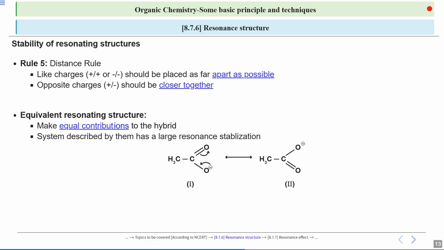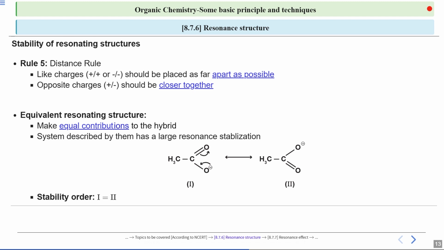You can see here that if one oxygen is doubly bonded, the other one is negatively charged, and that can be seen opposite in the second resonating structure. Therefore, the stability of 1 and 2 is the same and they are highly stable. That also results in a higher stability if 2 resonating structures are of the same form.